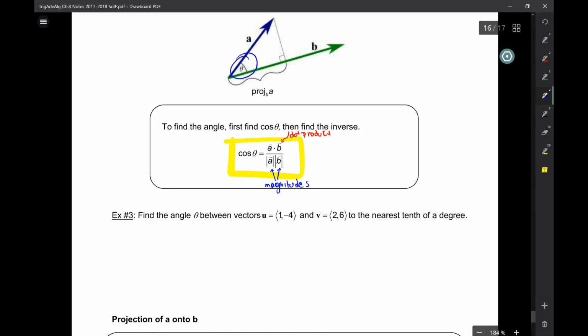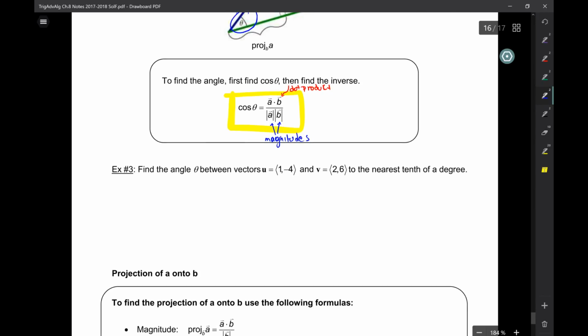So here I have one vector and another vector, and I need to find the angle in between them. I go in shifts. First, let's find the dot product.